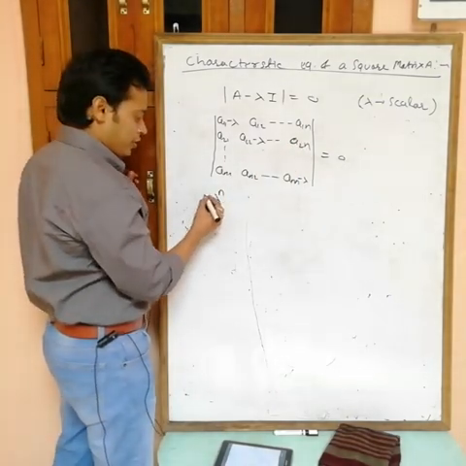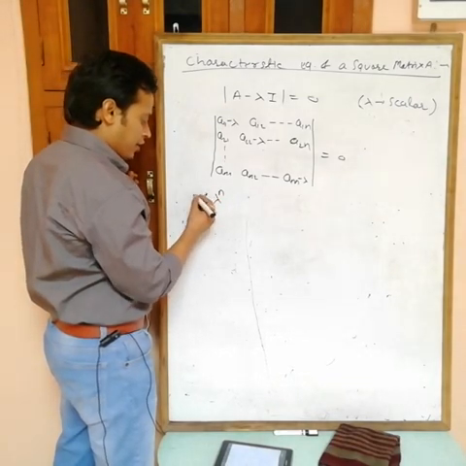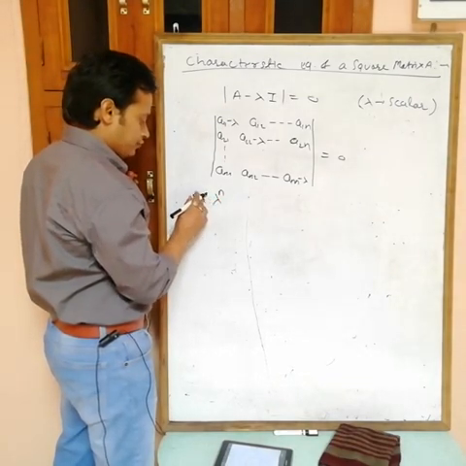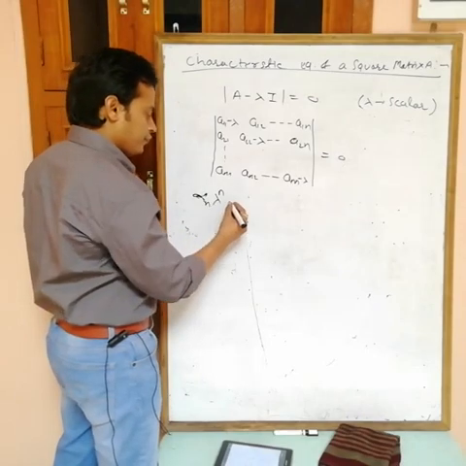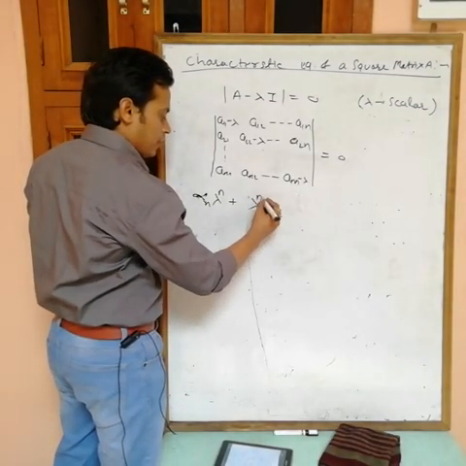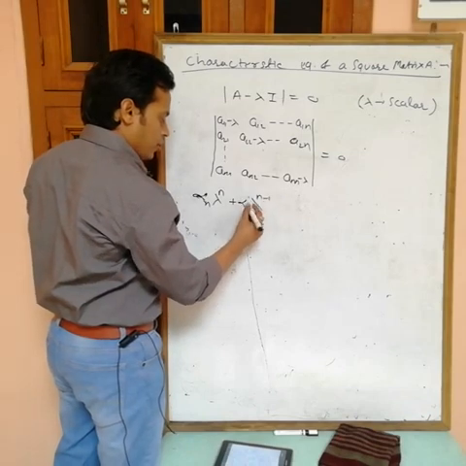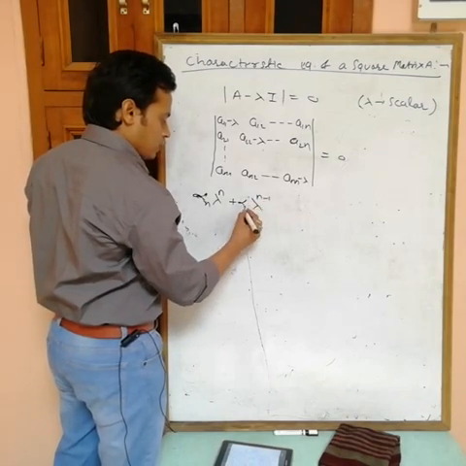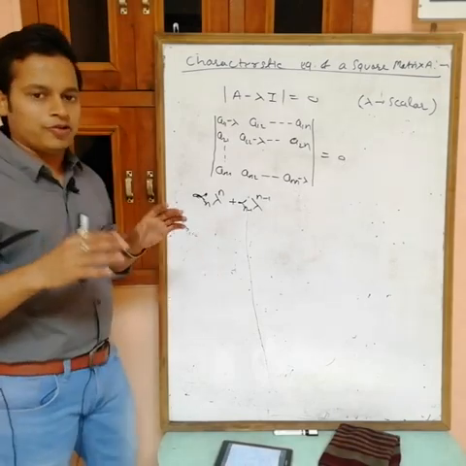Suppose the coefficient of lambda power n is alpha n. Then suppose the coefficient of lambda power n minus 1 is alpha n minus 1. These coefficients I am taking from my side.